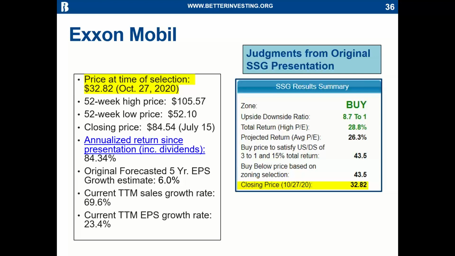Here is the SSG results summary that was taken from that original presentation. I had an upside downside ratio of 8.7 to 1. The total return was 28.8 using the high PE and 26.3 using the average. So both are very high numbers right there.